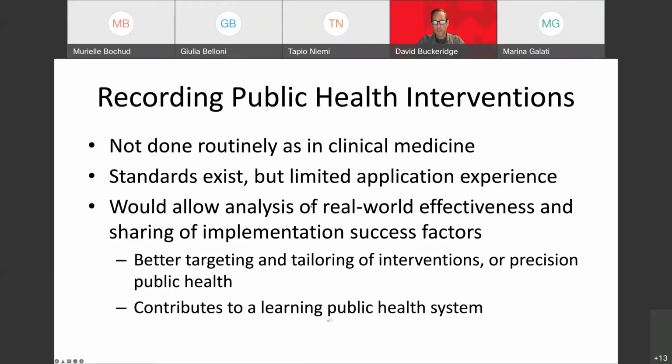And as I mentioned, that could really allow real world effectiveness analysis of how implementations are being implemented and sharing those success factors across different public health authorities. And ultimately that could lead to better targeting or tailoring of interventions, or as I've described that, precision public health, and ultimately contribute to a learning public health system. So that's where we're trying to get to.